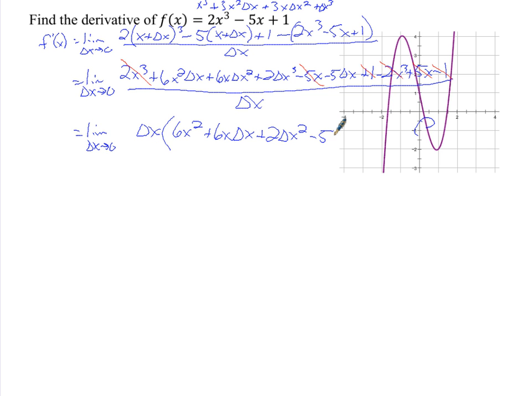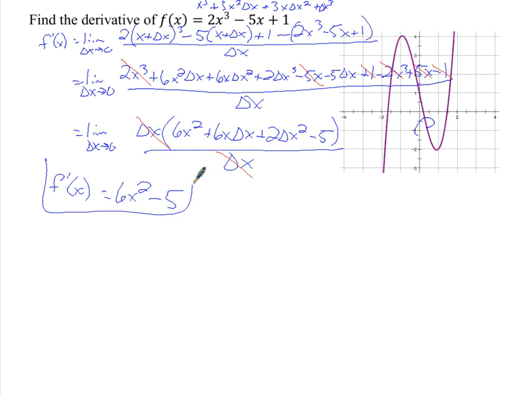Is that it? All divided by delta x. And now, very happily, we divide out our delta x's, which means now we can direct substitute. So we get our answer, f prime of x equals 6x squared minus 5. Boom.